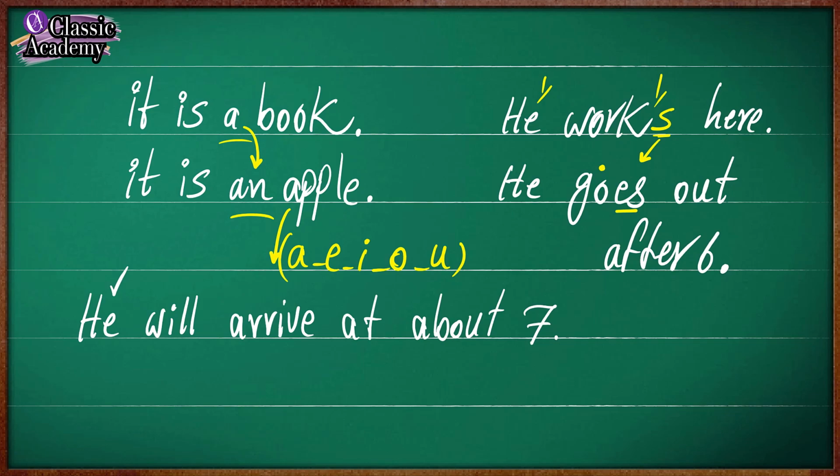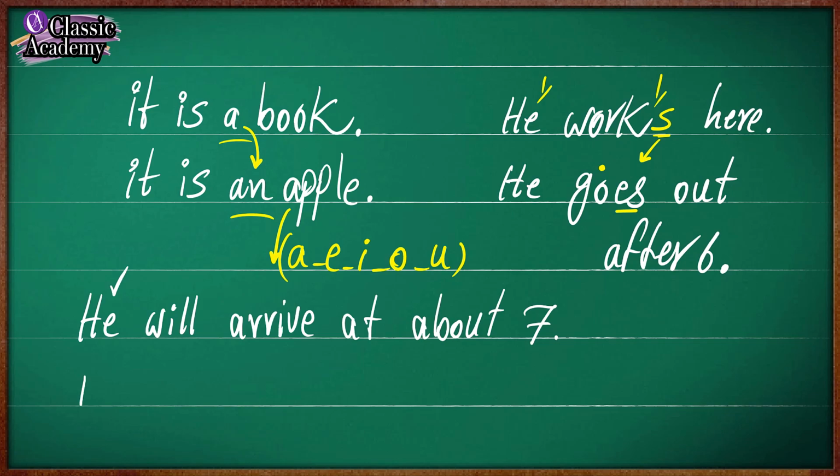So we say that will is something like a prediction. We are trying to predict something about someone. Okay? He will arrive at about 7. This is about the future form.